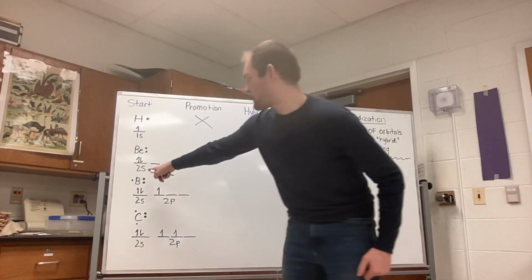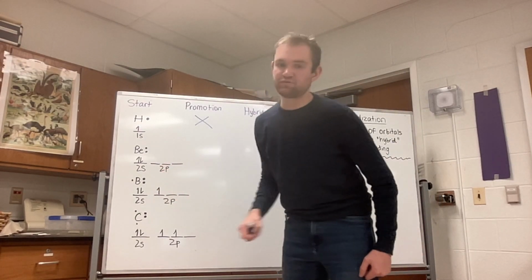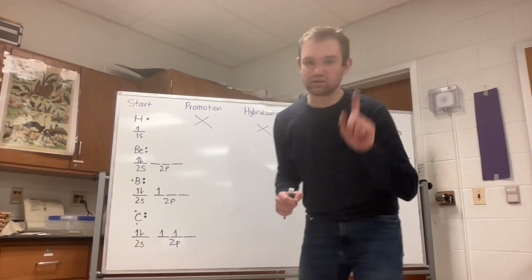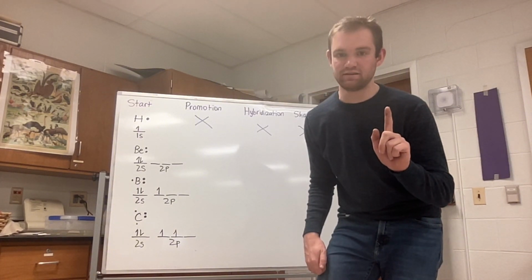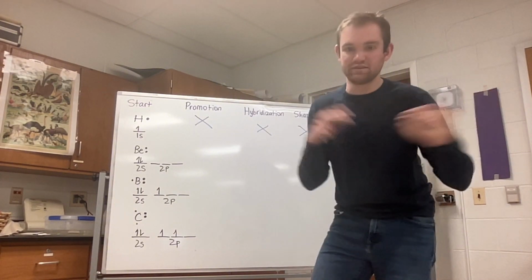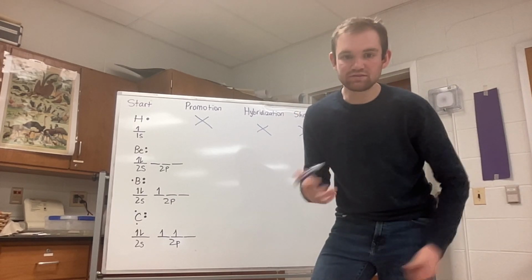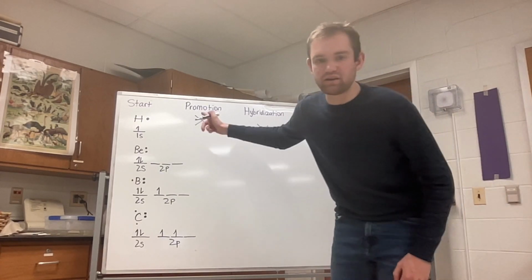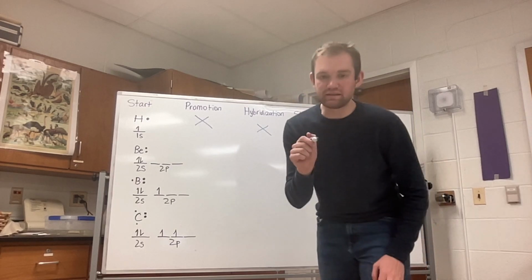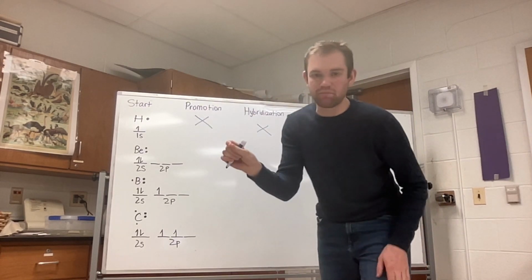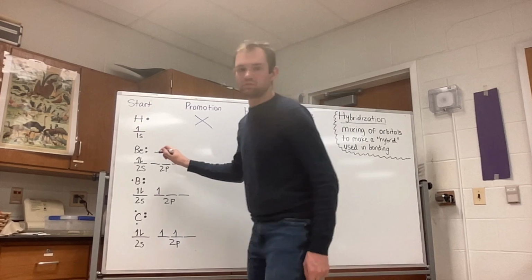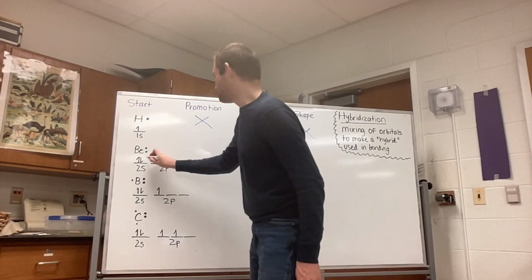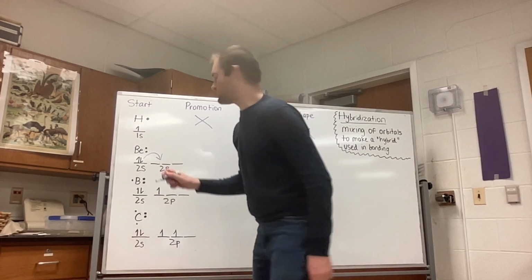If you want to share in the sphere, then your sphere can't have 2 electrons. It can only have 1 electron so that you can get a friend and then share. So what do we do? There's this thing called promotion, where the electron jumps up in energy and moves from my s orbital up to my p orbital.